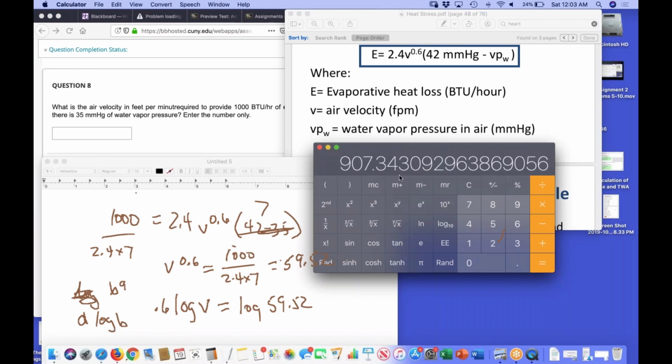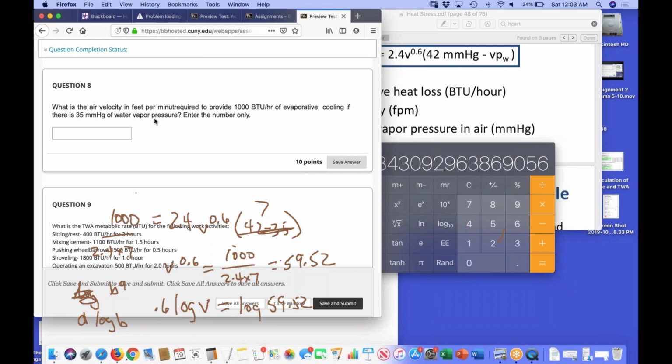You can think of it as saying that if it was the logarithm of 10 to the x power, then that would be equal to x. So it turns out v is equal to 907, and the units we were working in were feet per minute. What's the air velocity in feet per minute? So we have our answer, which is 907.